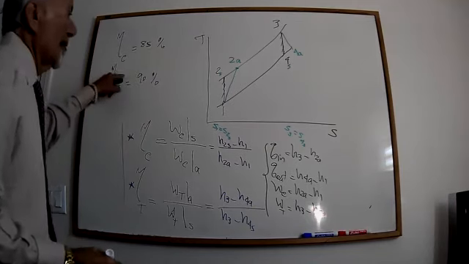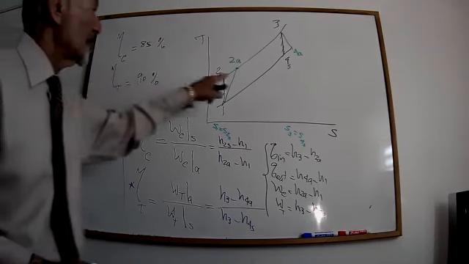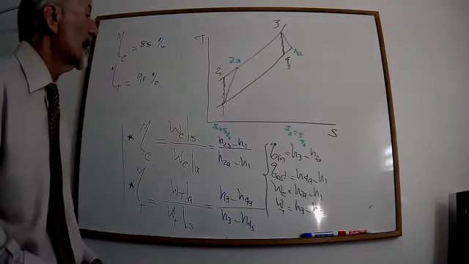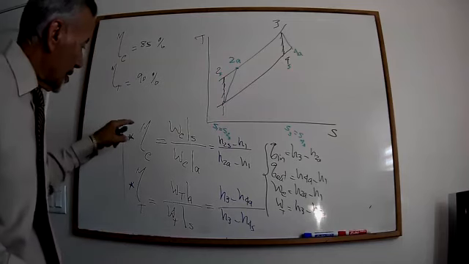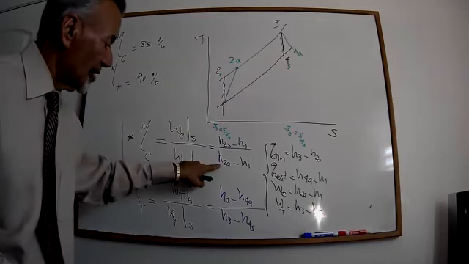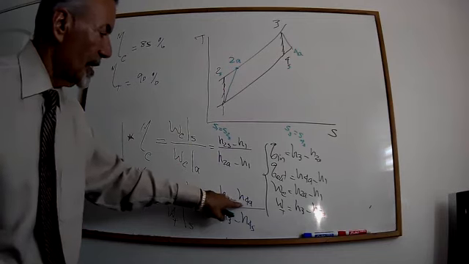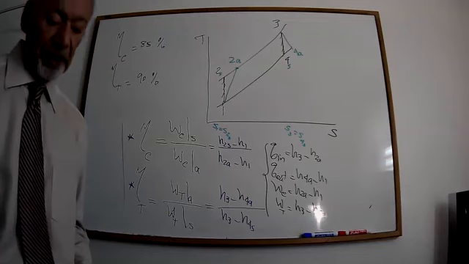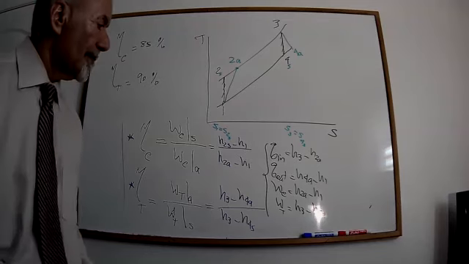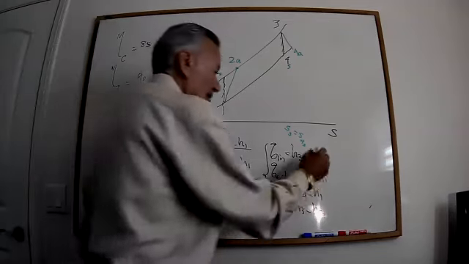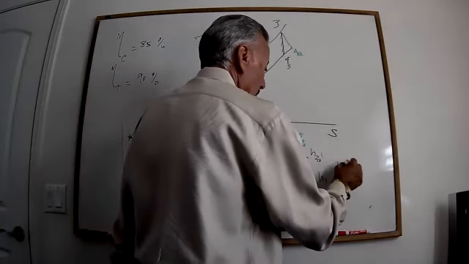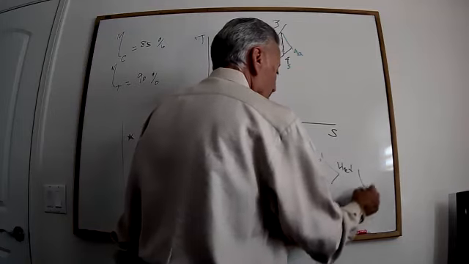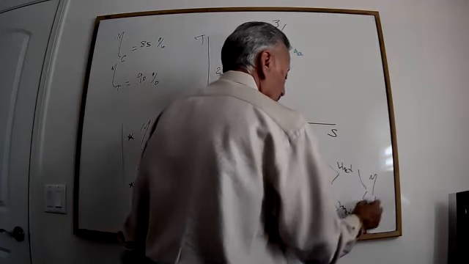If that is given, the first thing you do, you make sure you include it on your TS diagram. Then make sure you find the actual value of 2a and 4a and make sure you include it in your calculations before you get the net work here and ultimately getting the thermal efficiency.